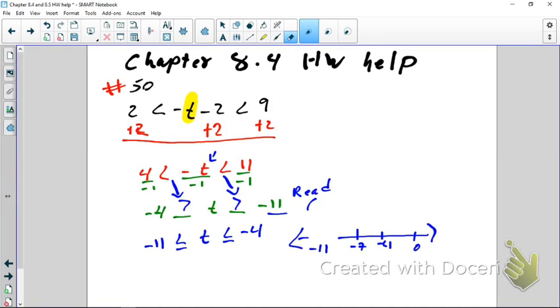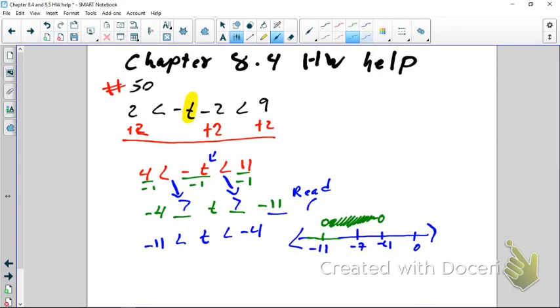I put the underline under it just to say what happened to the inequality. But then down here I put it as an equal sign, and it's not an equal sign. So let me change that really quick, and then let me rewrite this. Here we go. So it's going to be an open circle at -11, an open circle at -4, and it's everything that you see that's in between these two.